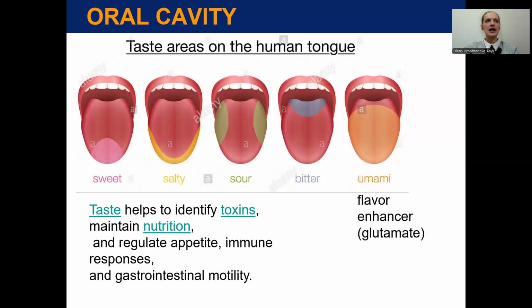But interestingly, I have read about some investigation. They say that small children who use these products with umami, their behavior will also change.